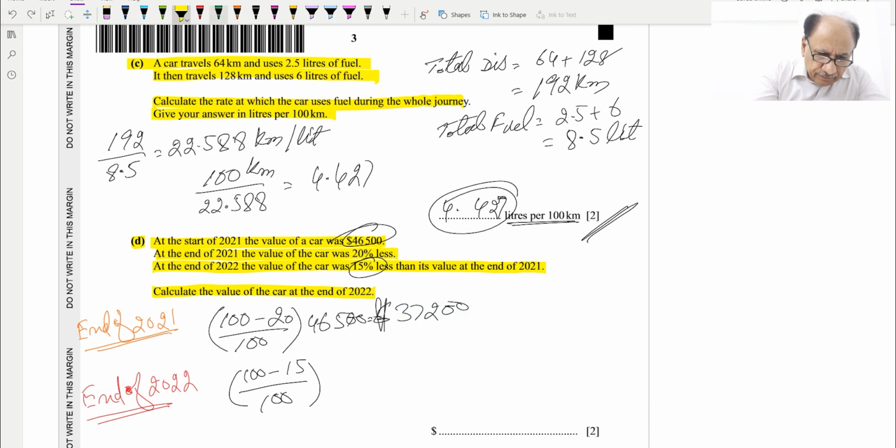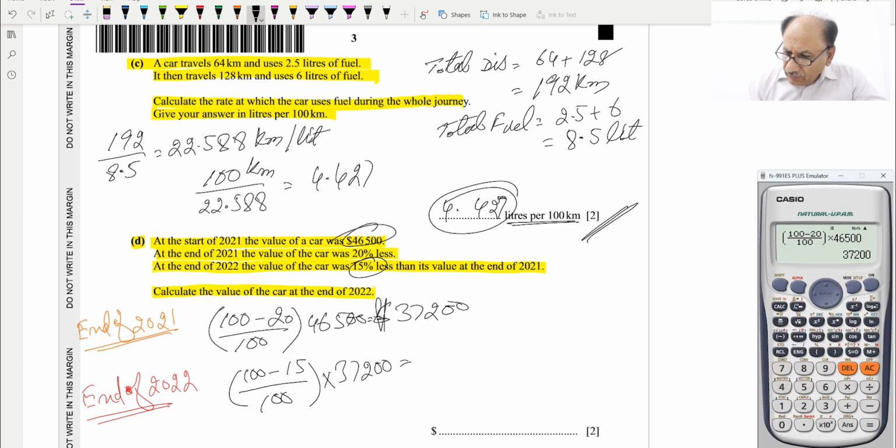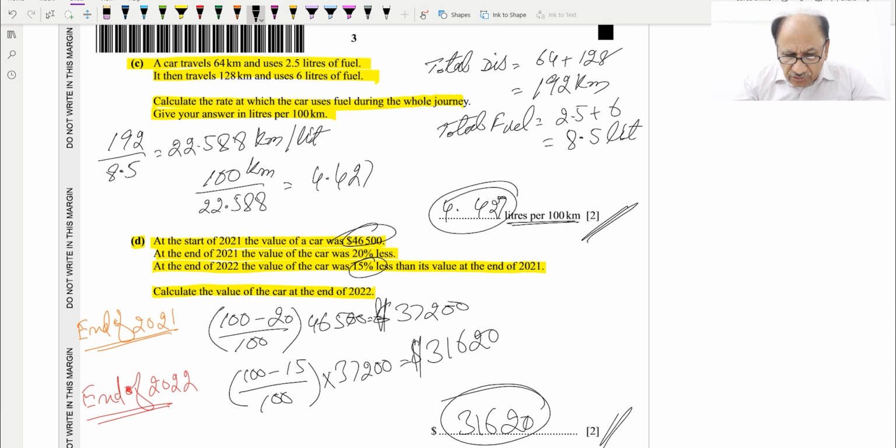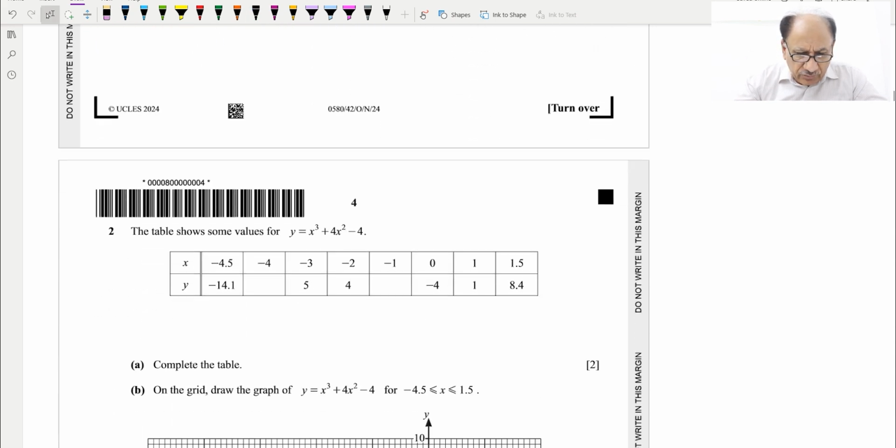So this will be 37200, and if we calculate this, it will be 100 minus 15 over 100, multiplied by 37200, and this will be equal to 31620. This will be in dollars, so 31620 will be the answer at the proper given location, and this is for 2 marks. Hopefully you understood this as well.